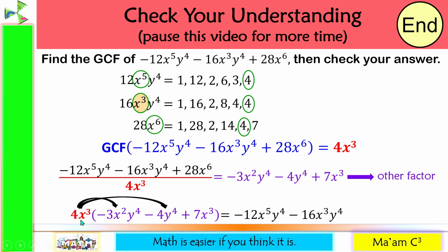And 4x cubed times 7x cubed will give us positive 28x to the sixth power. And notice that this answer is the same as the given. Therefore, our GCF 4x cubed is correct.